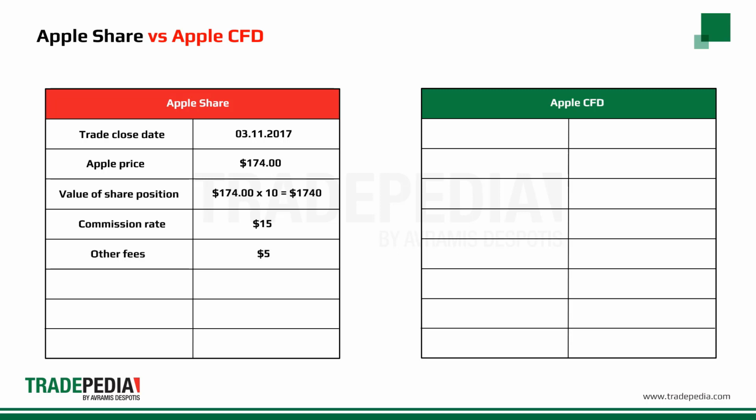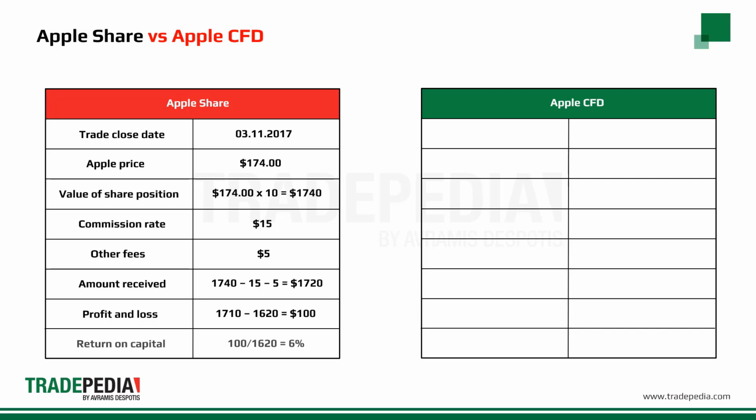Other fees equal $5. The total amount received becomes $1,740 minus $15 minus $5, which equals $1,720. This gives a profit of $100, which gives a return on capital of 6%.